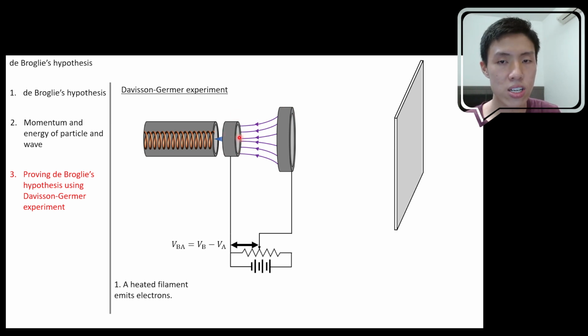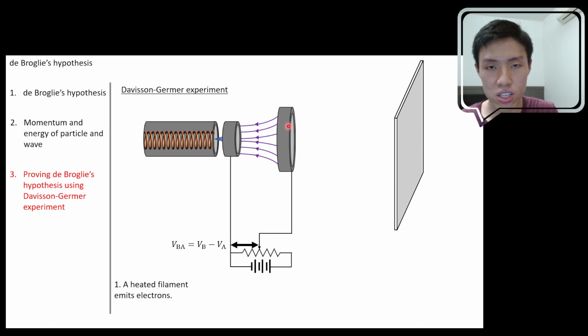You know that electrons are negatively charged, so they will experience a Coulomb force which is in the opposite direction of the electric field. This is what we learned from electrostatics, that chapter. For a negative charge, the force experienced is in the opposite direction of the electric field.